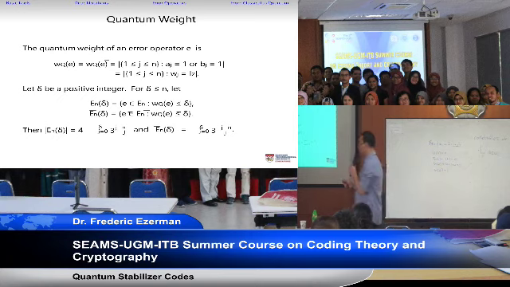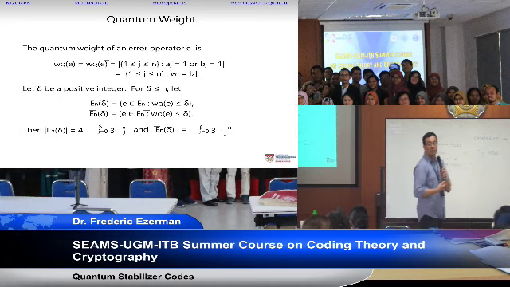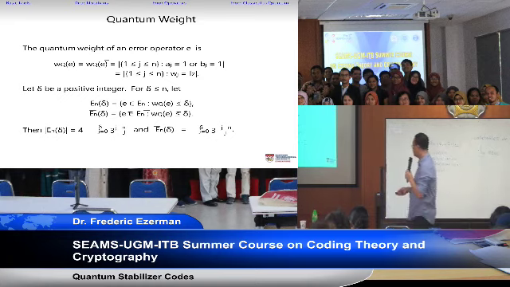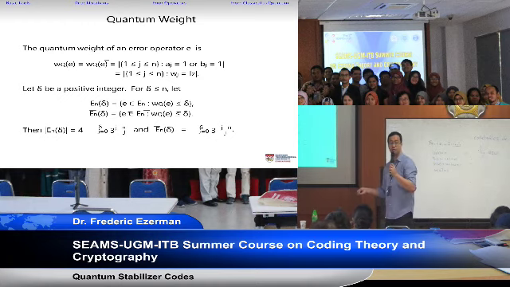Okay? So that's the weight of the operators. Now, you have this identity that basically comes from something like the analog of the sphere packing. The analog of the sphere packing for classical code. We're just going to need that to prove the Hamming bound for quantum.